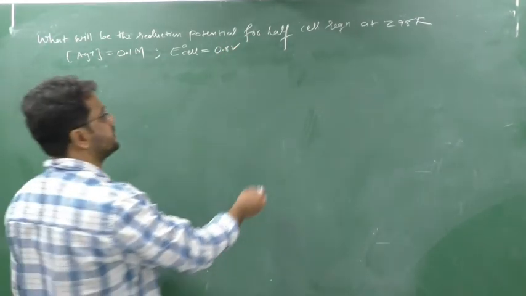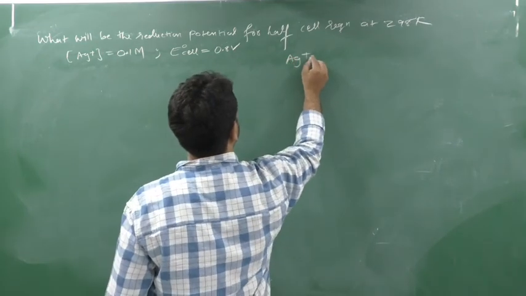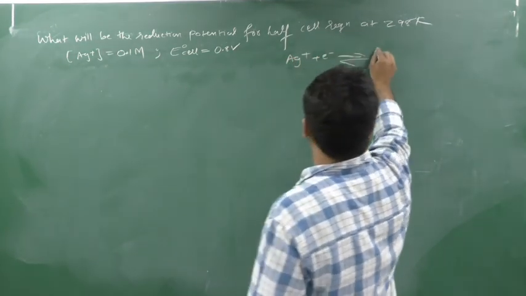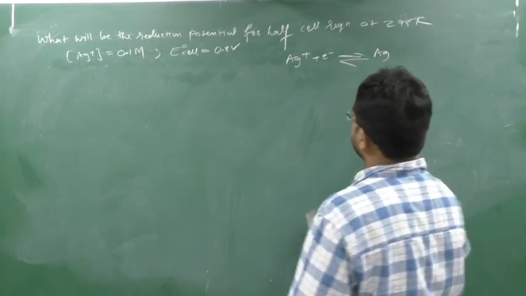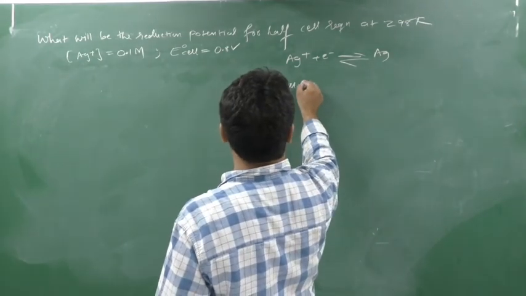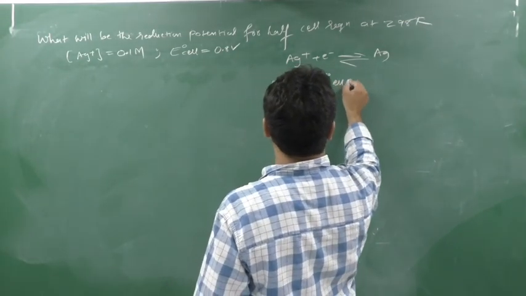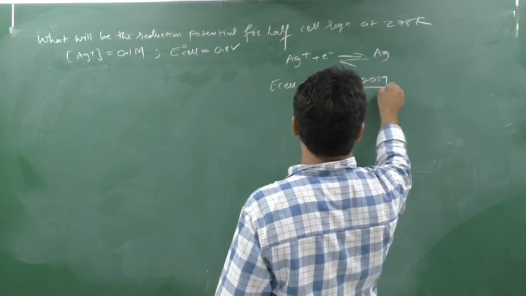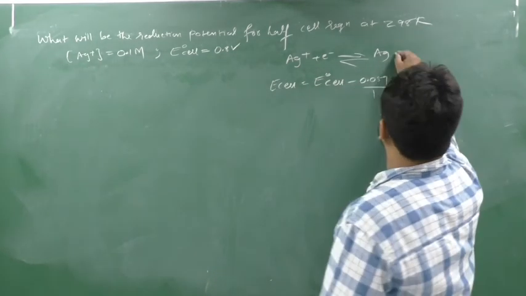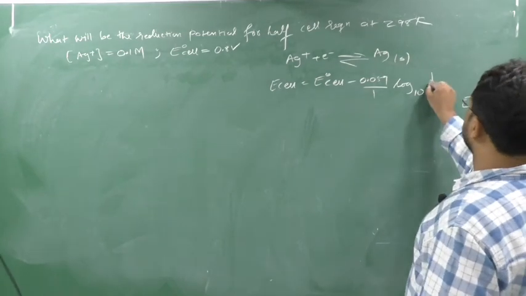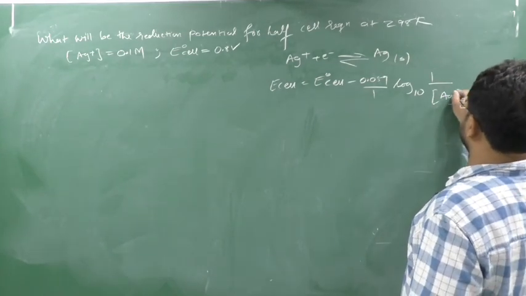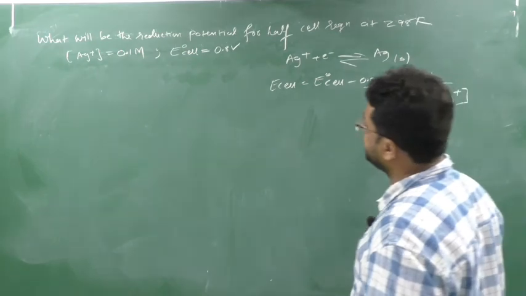So for reduction potential for Ag plus, Ag plus plus electron will be Ag. So E cell equals E naught cell minus 0.059 upon 1 log to the base 10 concentration of product, that is 1 upon concentration of reactant Ag plus. Clear?